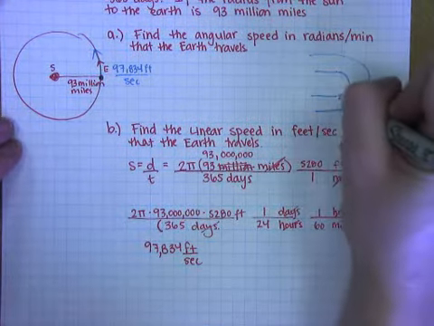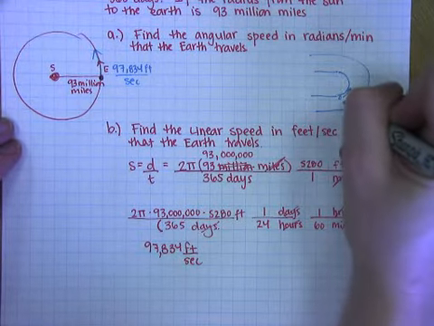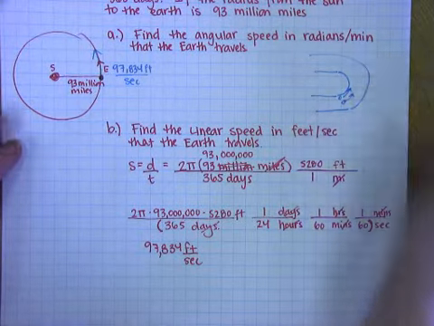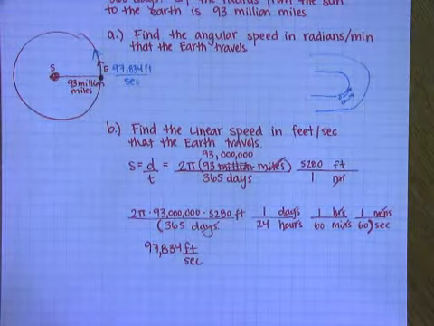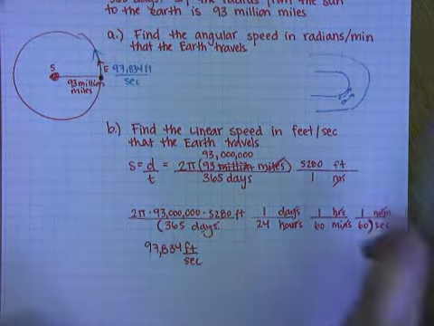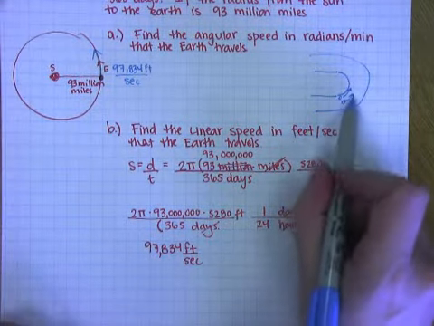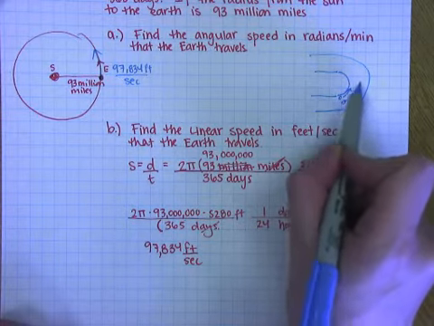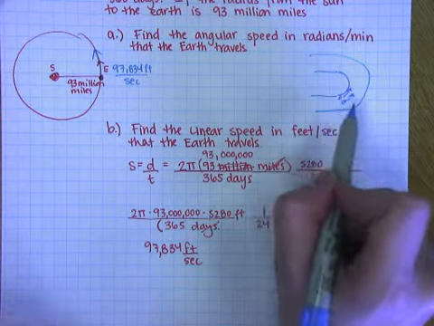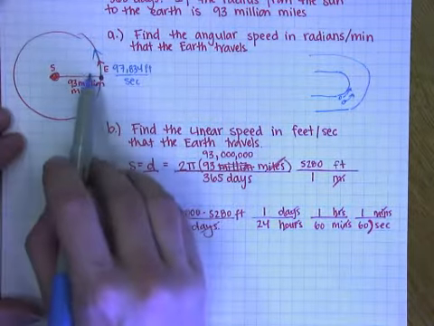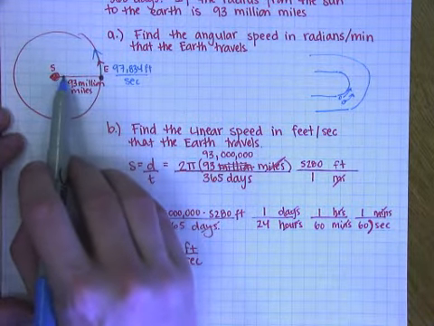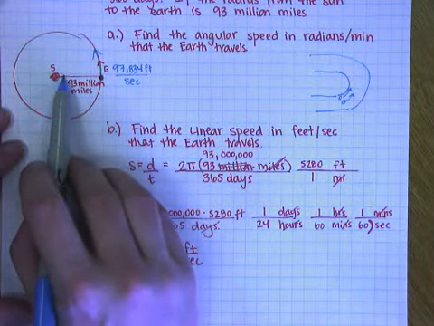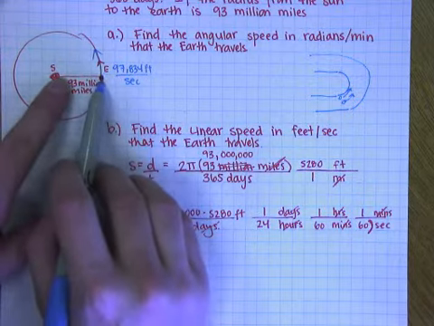If you're the person on the inside lane running, you don't have to run as fast as the person who's running on the outside lane. Like if you're ever trying to run side by side with somebody and you have a conversation with them, you guys know that whoever's on the outside has to run a lot faster to keep up with this person. The reason being is they have to run a lot farther in the same amount of time. Well, the same thing is true here. The closer you get into the center, the slower you get to go to keep pace with somebody farther out.